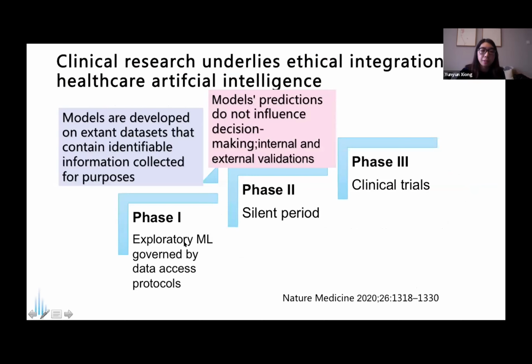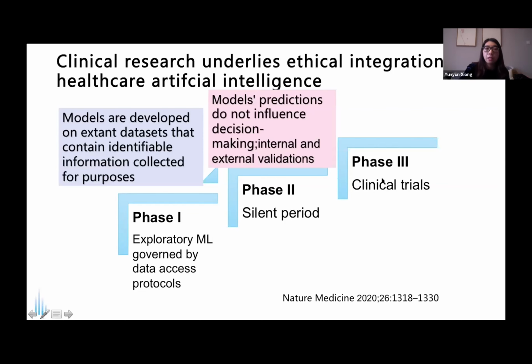So in phase 1, we can build a model on an extended data set that contains identifiable information collected for the purpose. In phase 2, we need to do the internal validation and the external validation. And then the software needs to be tested by clinical trials. That is phase 3.